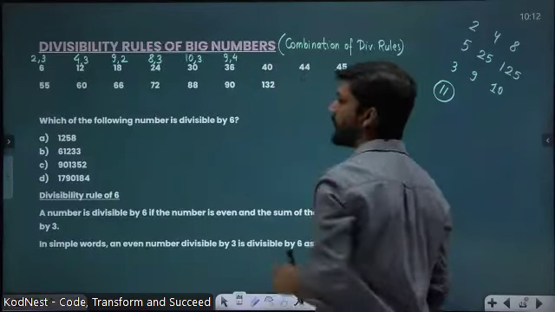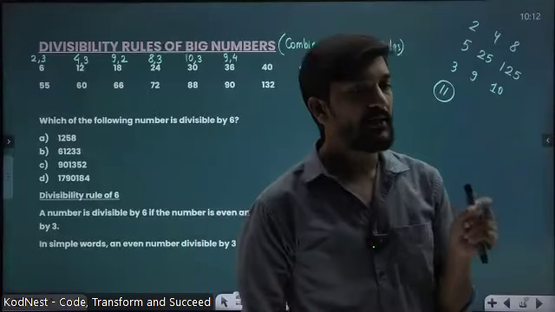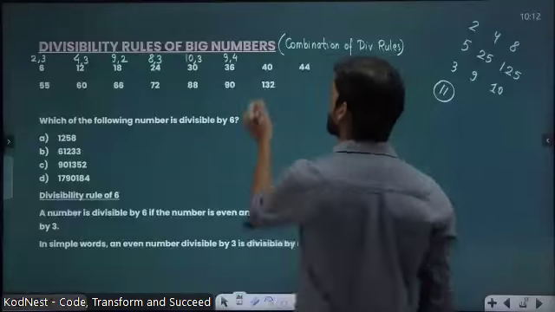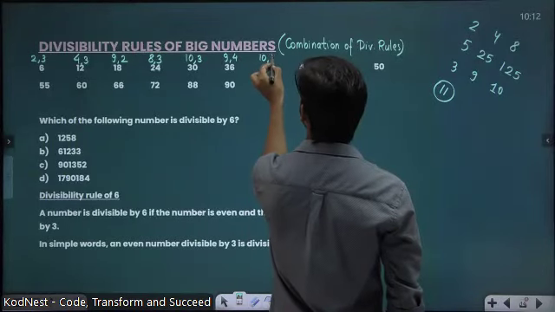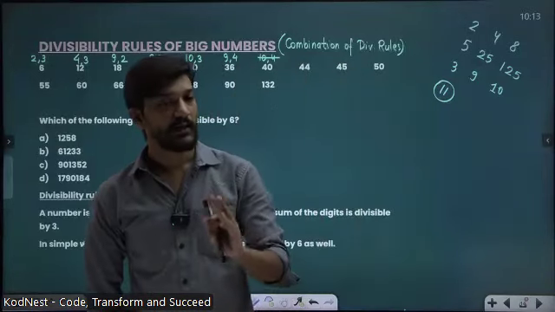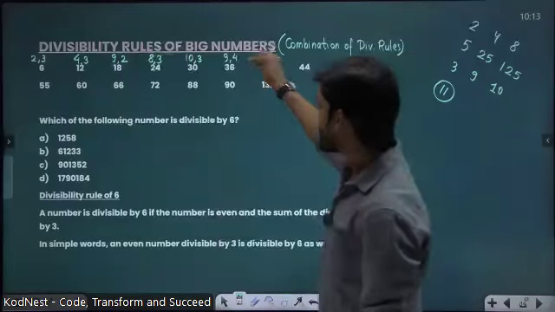Now for 40, what will you take? 10 and 4, 8 and 5. Now understand, please. You are saying 10 and 4. It is not allowed. Why is it not allowed? Until now, we were not confused with these.